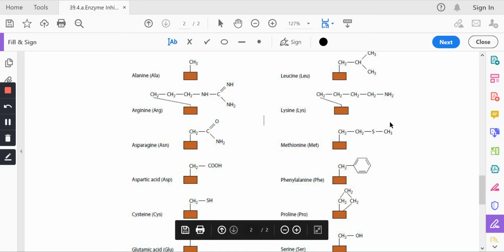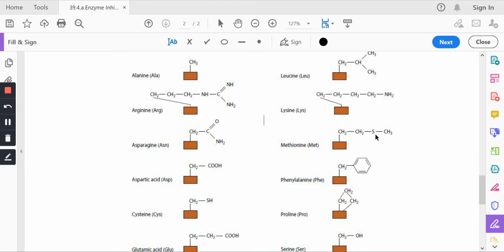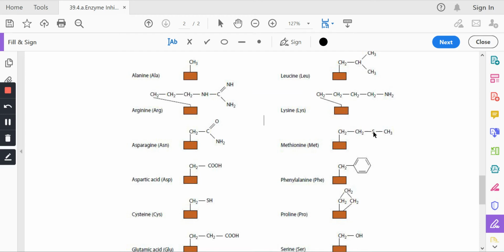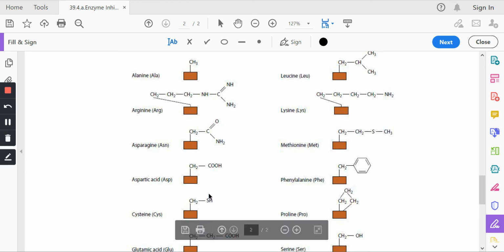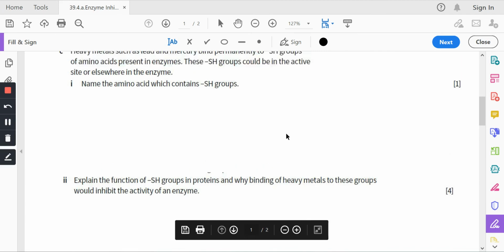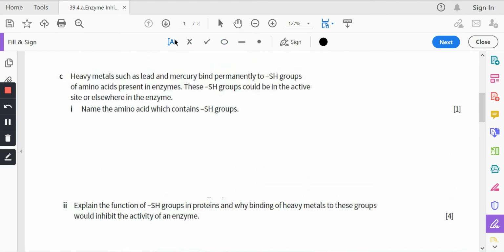So I can clearly see that methionine has a sulfur group in its R alkyl side chain, and I also see cysteine. Cysteine also has an SH group. The thing is, methionine has a sulfur in its side chain, but cysteine has a sulfhydryl, that is SH. So this is more correct for my answer. So in my answer, I am going to write the name of an amino acid which has an SH group, and that is cysteine. Okay, that's my answer.